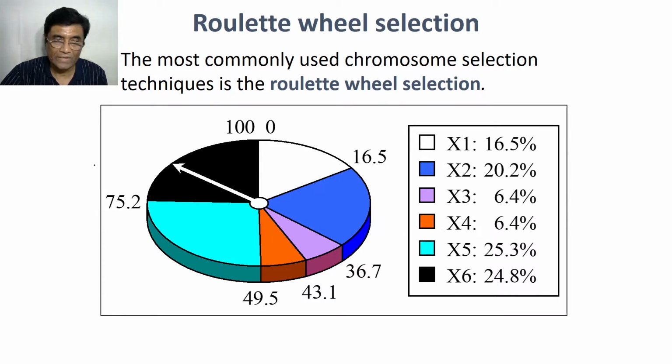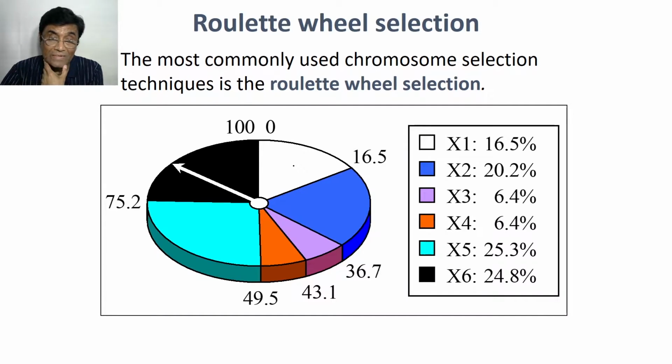So 0 to 100 has been divided pictorially, and this is called Roulette Wheel. And we can spin this wheel, and this is an indicator, right? So next time when we select chromosomes, wherever it stops, those chromosomes should be selected randomly.